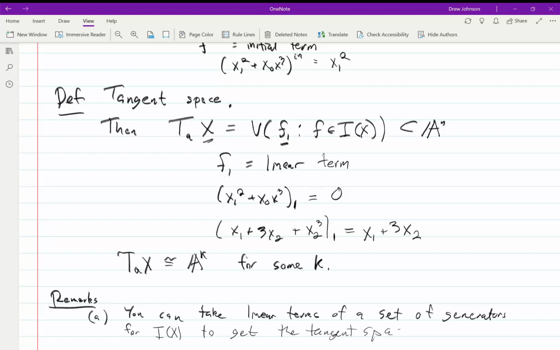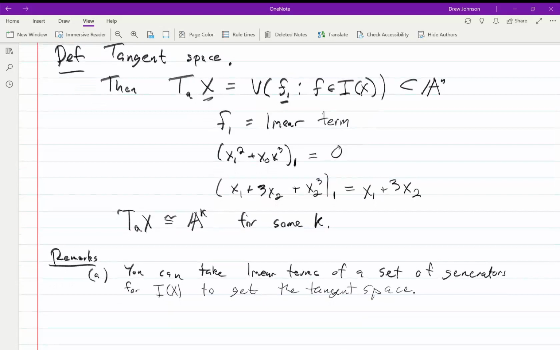All right, so this is a contrast to the tangent cone. I think we made a remark that for the tangent cone, it wasn't good enough to just take the initial terms of a set of generators of the ideal. You had to take all the initial terms of every element of the ideal, or some special set of generators like a Gröbner basis. For the tangent space, the situation is nicer. If you have some generators for your ideal, you can just take the linear terms of those generators, and any generators will work. All right, so that's good.